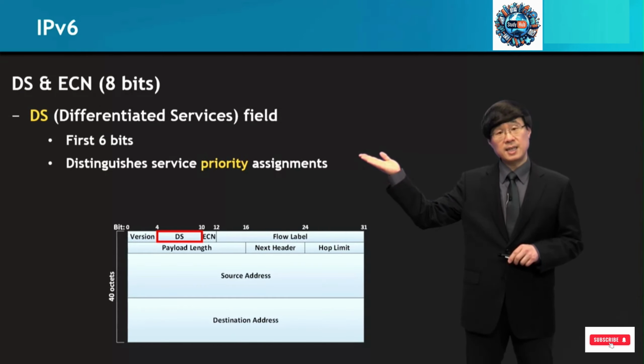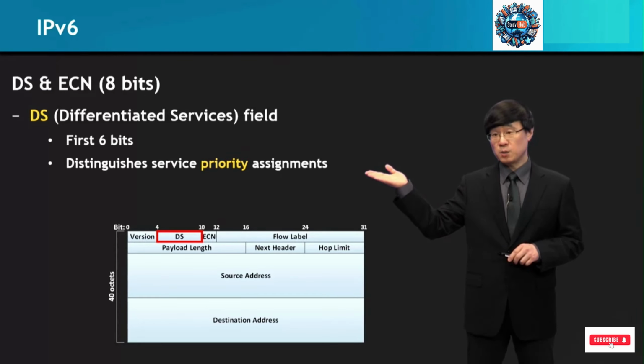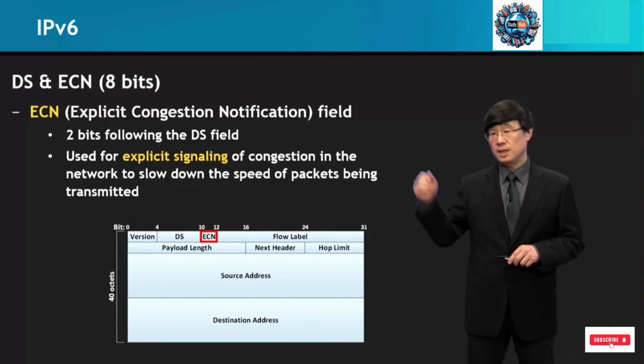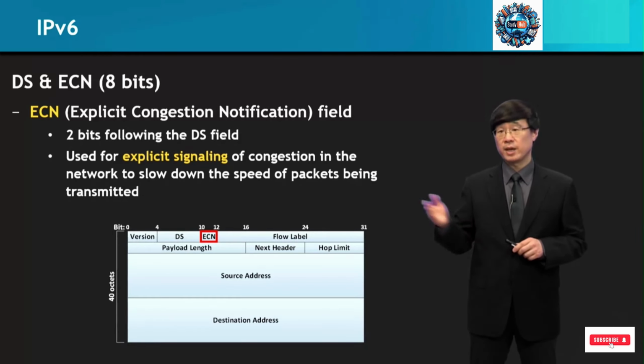The DS and ECN fields are 1 byte, and the DS is the differentiated service field, which comes first. It is the first 6 bits, and it distinguishes service priority assignments. The ECN bits, these 2 bits, are the explicit congestion notification, and they are used for explicit signaling of congestion in the network to slow down the speed of packets that are being transmitted.